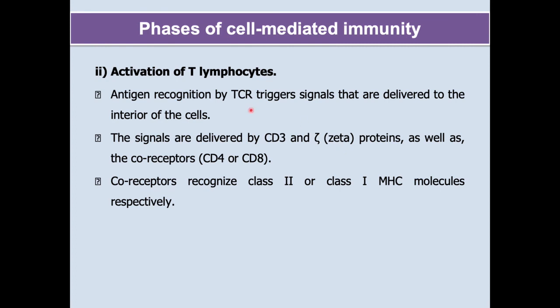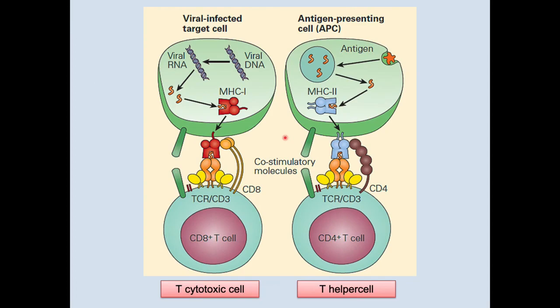Okay, activation of T lymphocytes. Antigen recognized by the TCR triggers signals. This is the TCR. The signals are delivered to the interior of the cell by CD3. This is CD3, right? This is TCR, this is CD3. It is the same in the T helper cell.